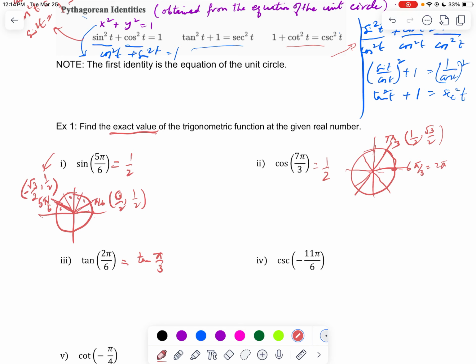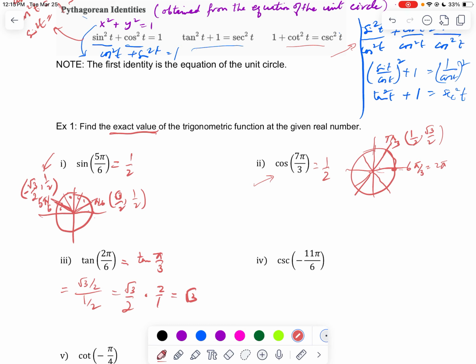And we already know from part 2 the terminal point related to pi over 3. So that tangent will be, remember, y over x. So this value will be square root of 3 over 2 divided by 1/2. Now simplify, so square root of 3 over 2 multiplied by 2 over 1. The 2 and the 2 cancel out, so we are left with square root of 3.